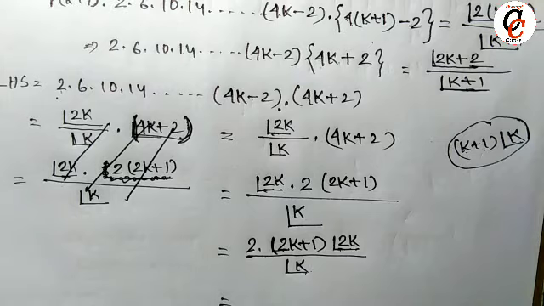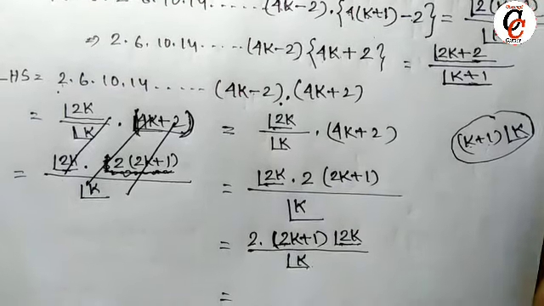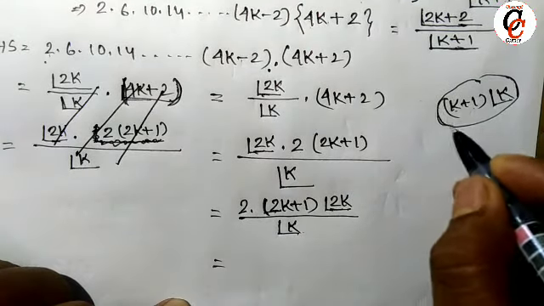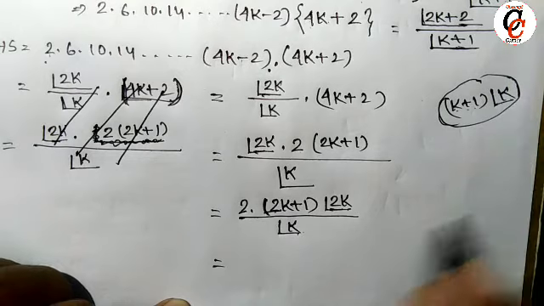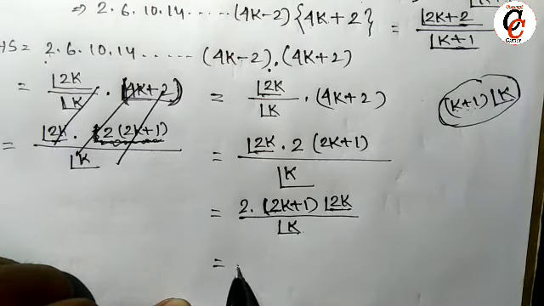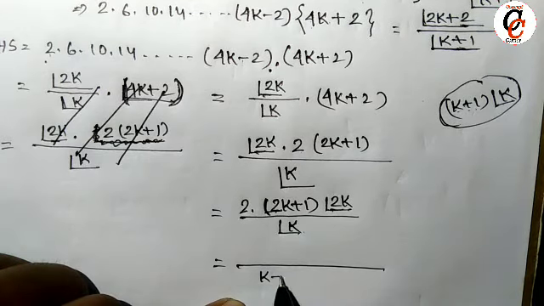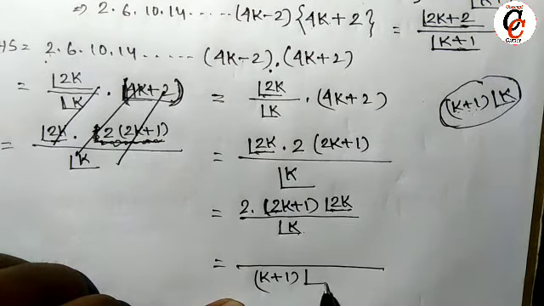So how will we get factorial k plus 1? Somehow we have to give k plus 1 in the denominator. So I have given k plus 1 here and factorial k.